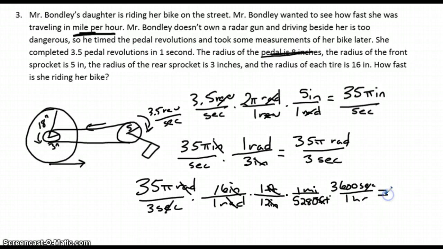Let's calculate numerator and denominator. Looks like we have about 2,016,000 pi miles over, well, forget the pi, 3 times 12 times 5,280, so about 190,080 hours.